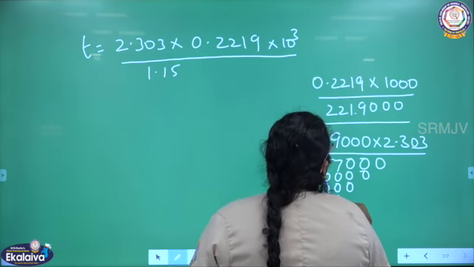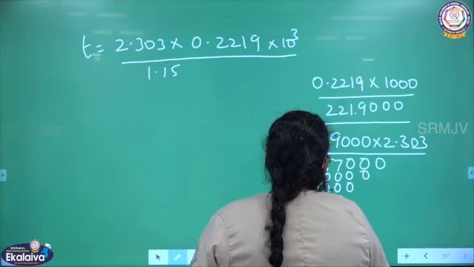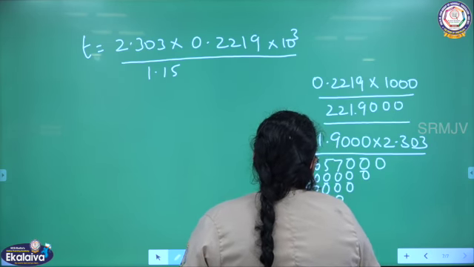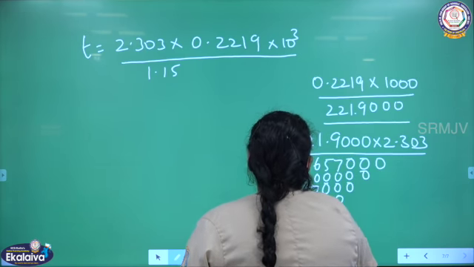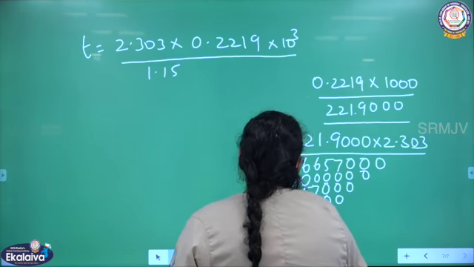Again multiplying by the next digit: 2 zeros are 0, 2 nines are 18, balance 1, 2 ones are 2, 3, again 2 twos are 4, 2 twos are 4.